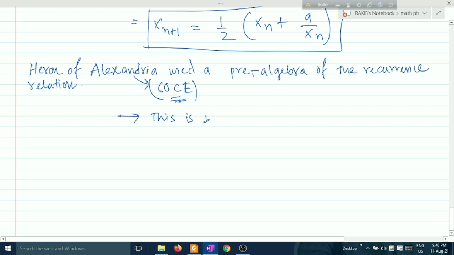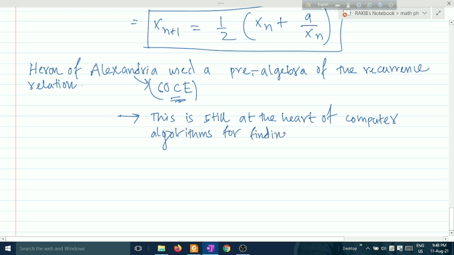It is still at the heart of computer algorithms for finding square roots. A formula from 60 CE is useful in our era. This is quite interesting to know about.